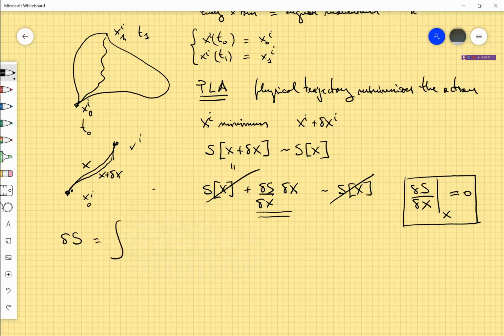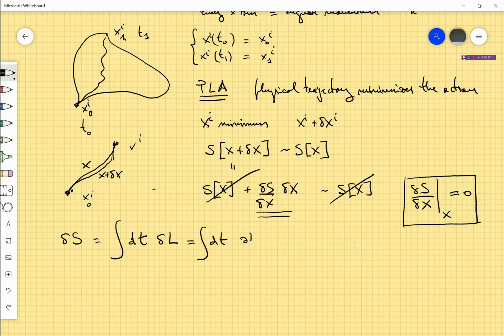Okay, so when I change x slightly, the limits of integration do not change, and t does not change either. So this remains the same, and I only have to see how L changes. Now these variations are similar to derivatives.